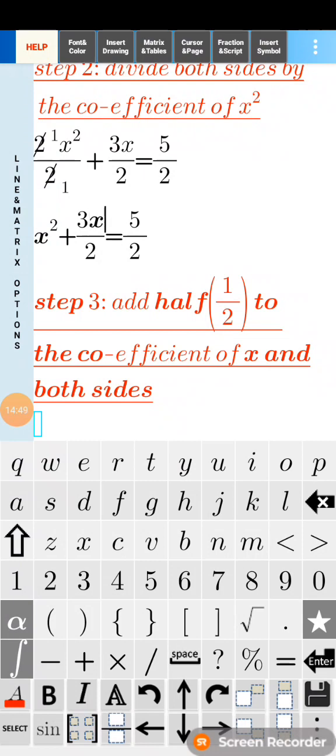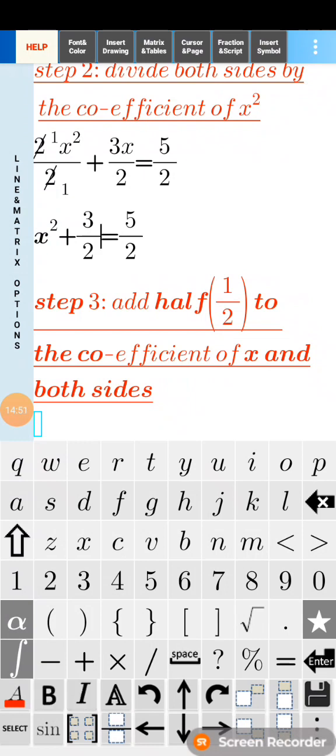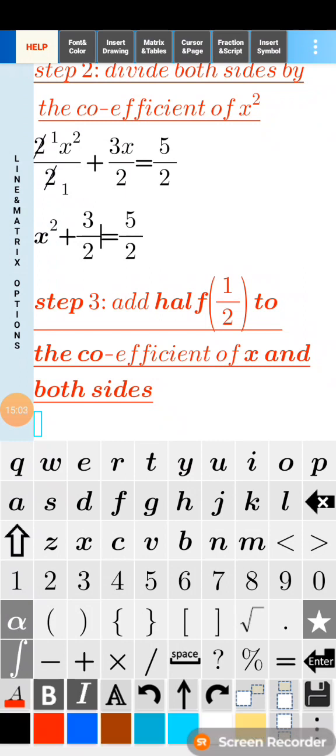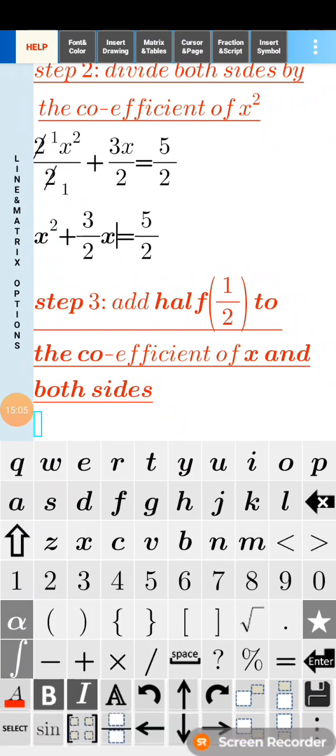The coefficient of x is not just 3 now, but we have the coefficient of x as 3 over 2. So it becomes 3 over 2. Now this is how we write the coefficient of x.